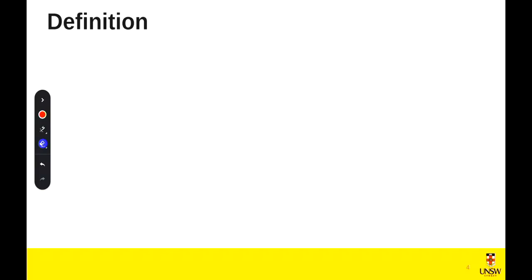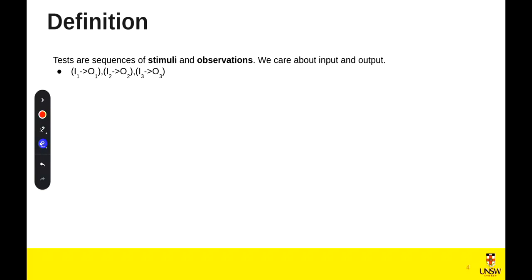Here, let's start from the definition of test oracles. Remember in our introduction lecture, we learned that tests are actually sequences of stimuli and observations. We care about the inputs and outputs, so it's basically from an input to an output.